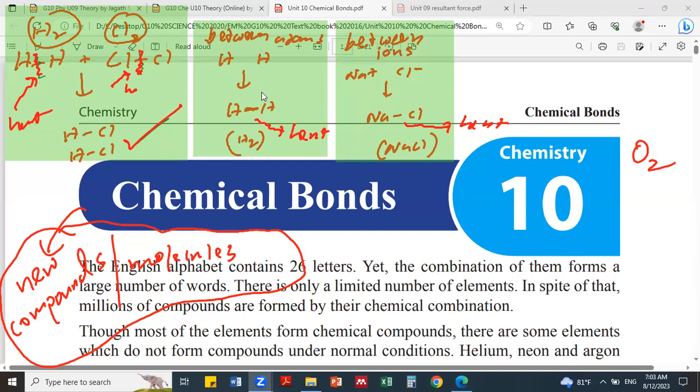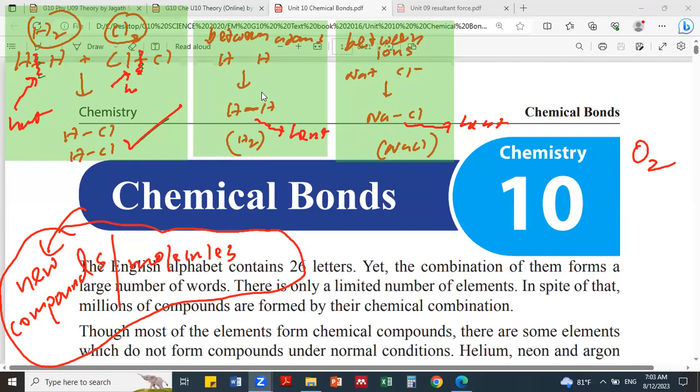Write that also within bracket. Electrons of the last energy level are called valence electrons, or you can write electrons in the valence shell are known as valence electrons. They only participate in the bond formation, not the inner electrons.